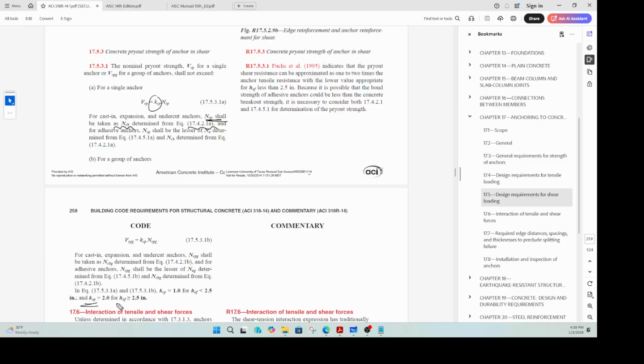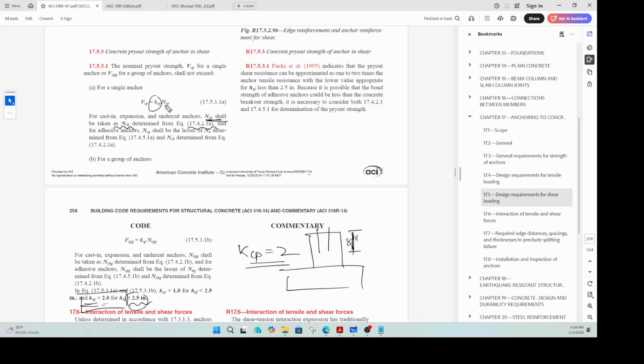The KCP depends upon the embedment depth. Again, in our example, the anchor embedment depth is 8 inches, right? 8 is the embedment depth, which is greater than 2.5. So your KCP value is 2. So the KCP in this example is 2, because your embedment depth is greater than 2.5 inches.